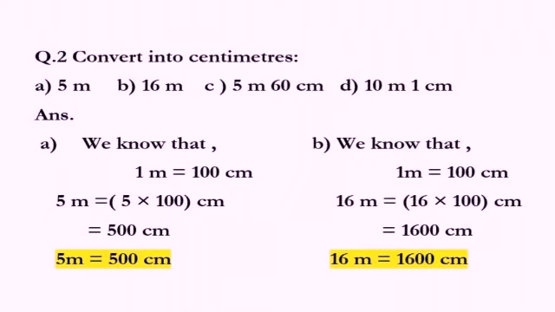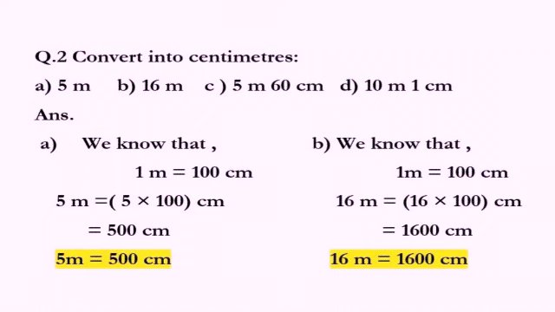We know that 1 meter equals 100 centimeter. Why is it 100 centimeter? Because 2 steps are there, so 2 zeros will be put beside 1. So 5 meter equals 5 into 100 centimeter. See, where you want to change the unit, there only you have to write the unit. So 5 meter equals 500 centimeter.